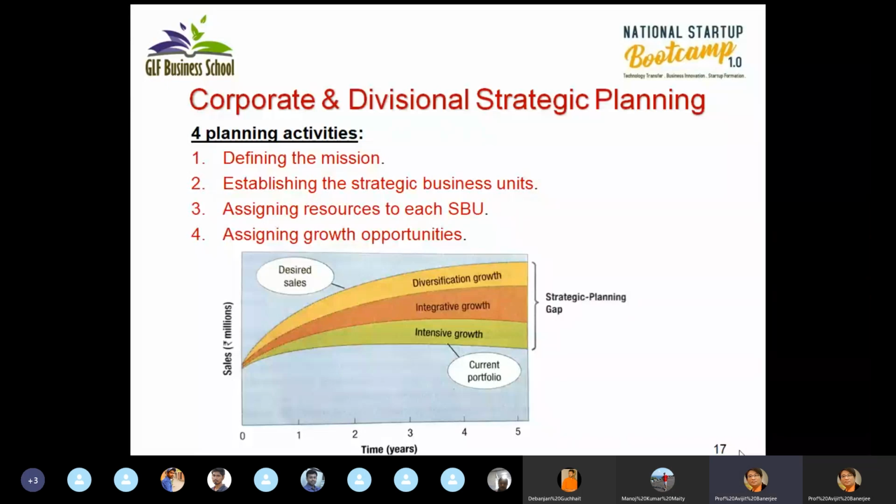Consider a small company that defines its business as designing lighting systems for television studios. Its customer group is television studios. The customer need is lighting, and the technology is the light which you are providing.